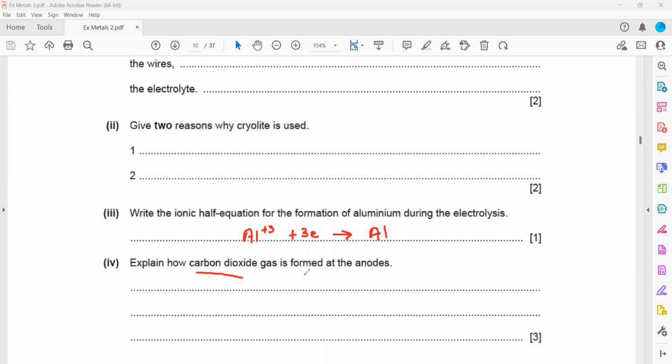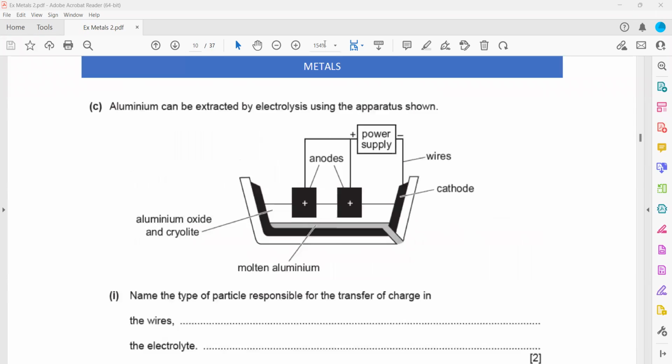Then how is the carbon dioxide gas formed at the anode? So what happened? The solution contained oxide ions and aluminum ions. Aluminum ions are moving towards the cathode and oxide ions towards the anode. When one oxide ion is there, it will lose 2 electrons and form an oxygen atom.